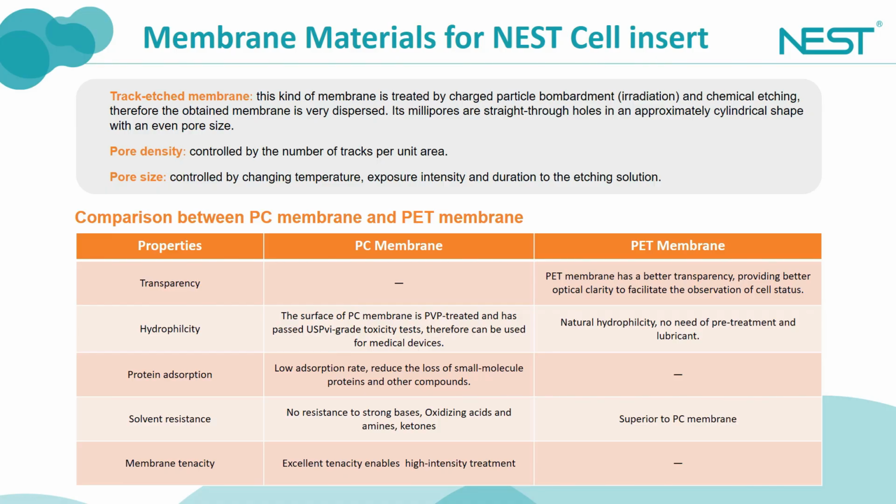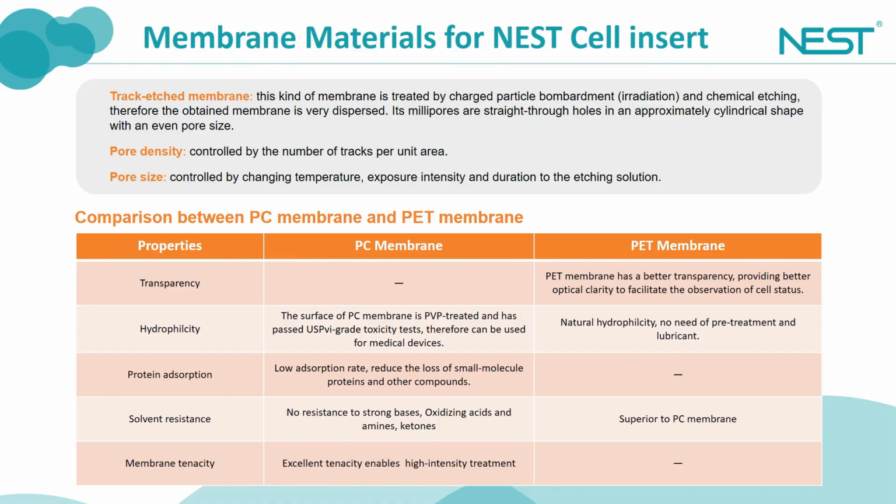Both of the two membranes are semi-transparent to the naked eye, but the PET membrane shows better transparency when observed under a microscope. The PET membrane is naturally hydrophilic and does not require special treatment. The PC membrane surface will become hydrophilic after treatment. The protein binding capability of the PC membranes is lower, which may reduce protein loss.